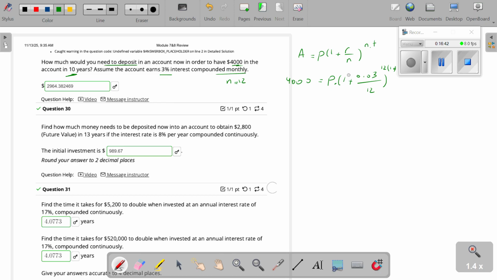In order to find P, all I need to do is divide 4,000 by this whole thing that I have on the right side: 1 plus 0.03 divided by 12, to the power of 12 times 10. And when you enter this into your calculator, it's going to give you this amount.